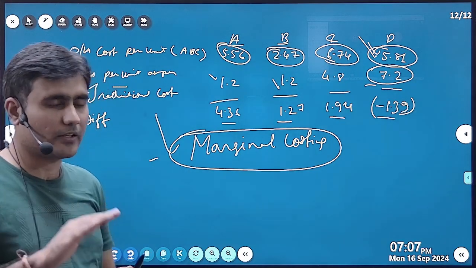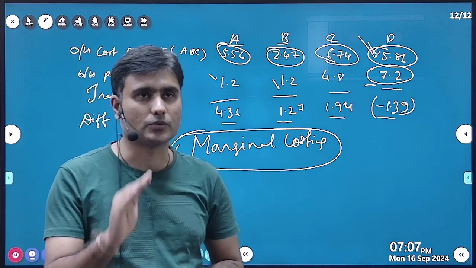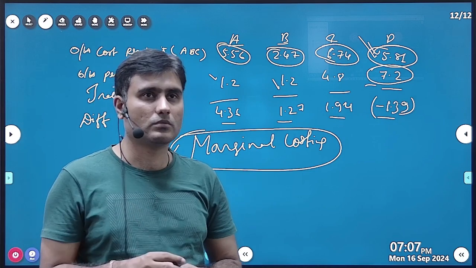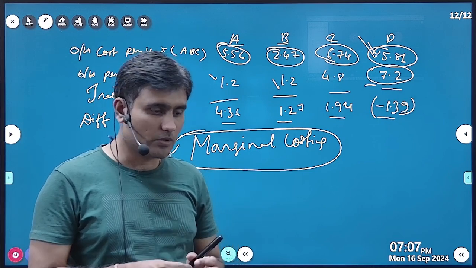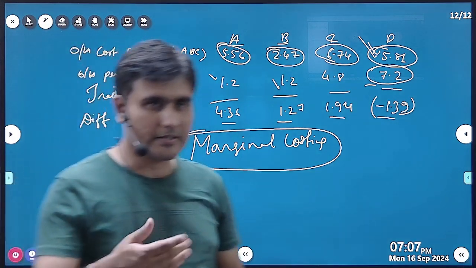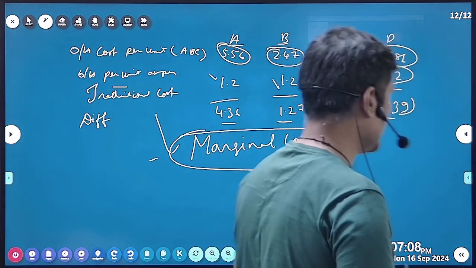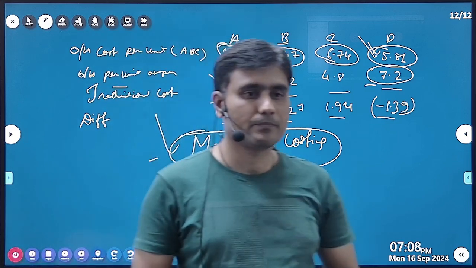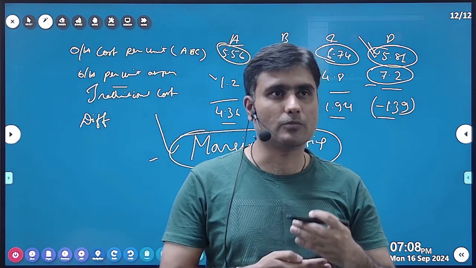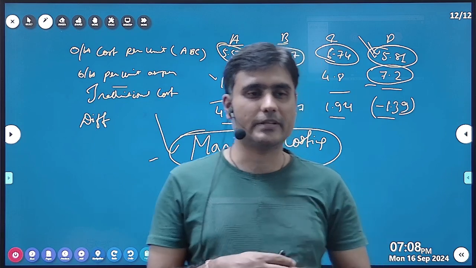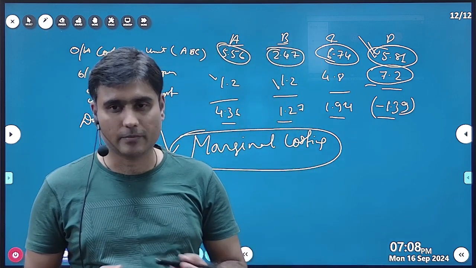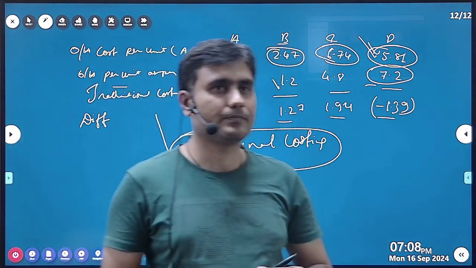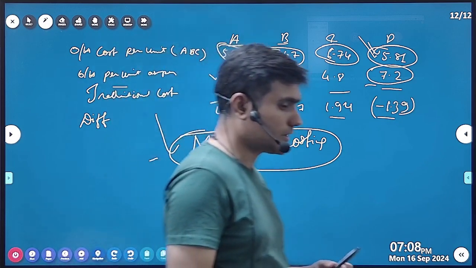These formulas are useful for your CMA finals also, the same formulas and the same concepts. What we learn on Wednesday and thereafter will be useful for your CMA finals. Only the applications and questions will be a bit tougher, but the concept will remain the same. It is the same in CMA final and in chartered accountancy. So we will end our class today. Thank you.